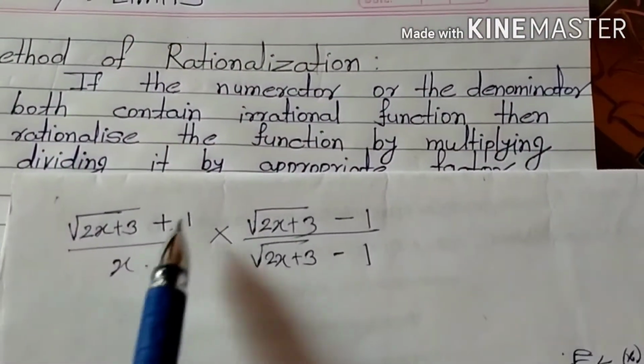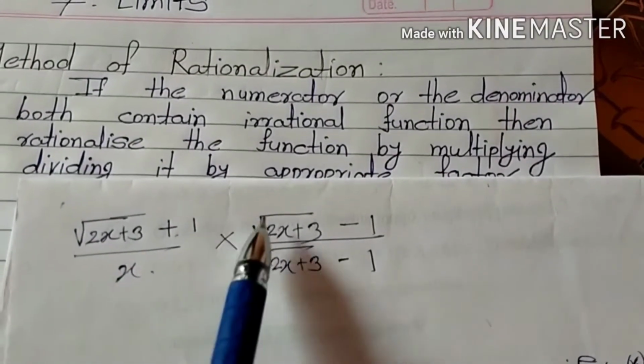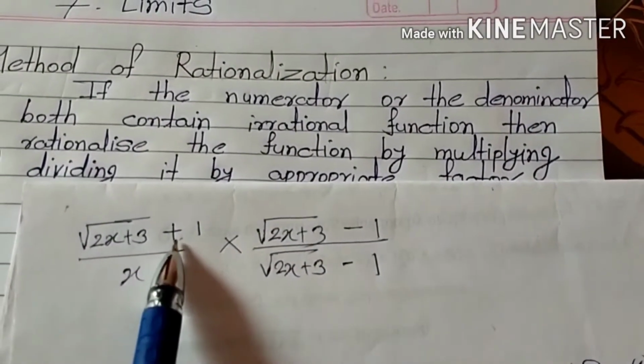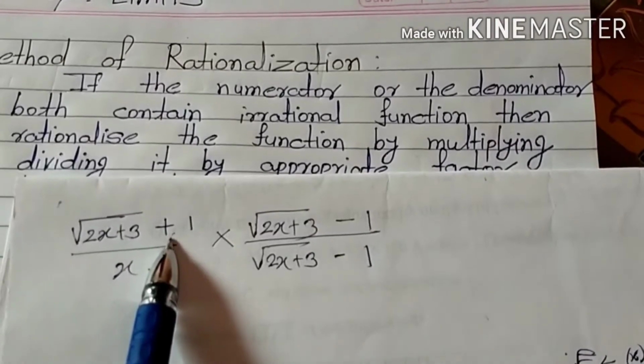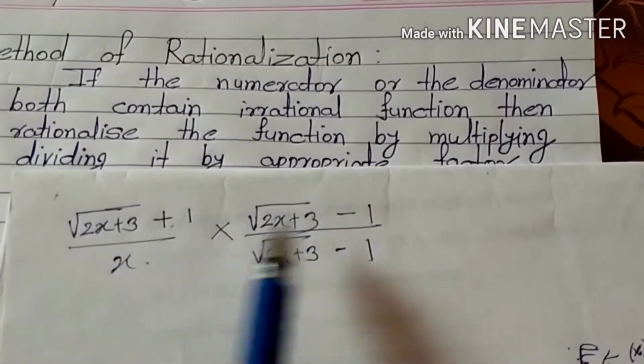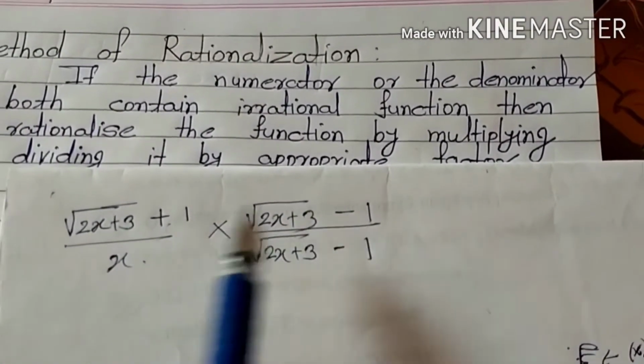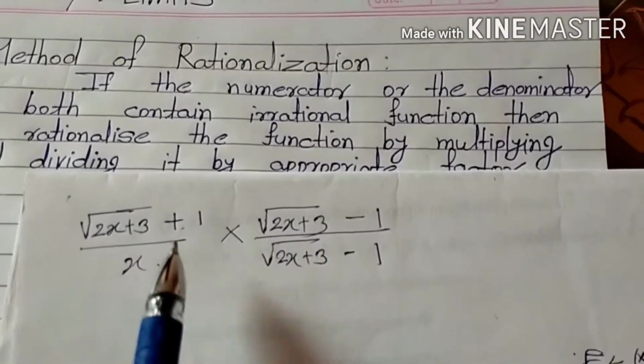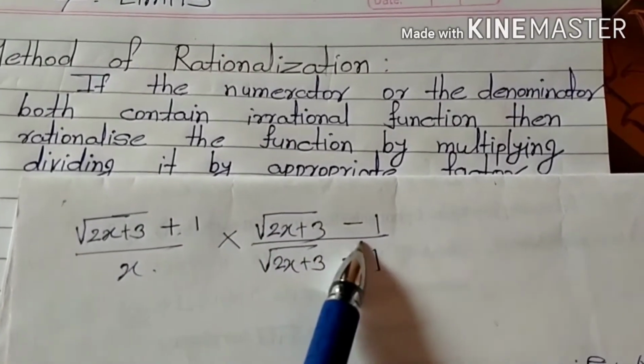So rationalization means multiply and divide by its conjugate. When it is plus, its conjugate is minus, meaning the same function but the sign will be changed. When it is minus, then you have to take plus here.